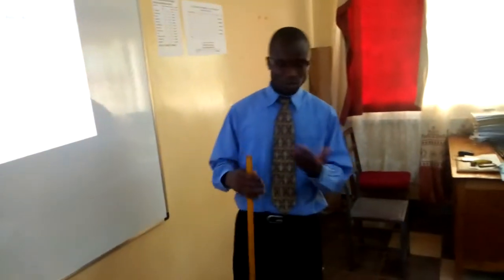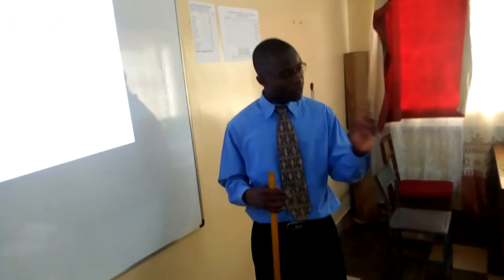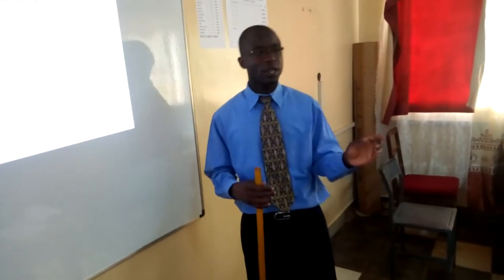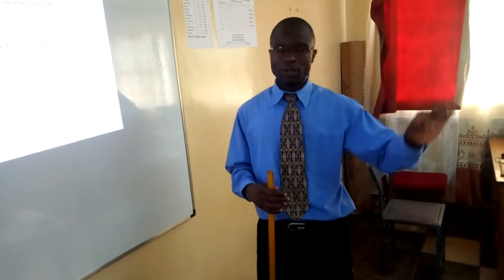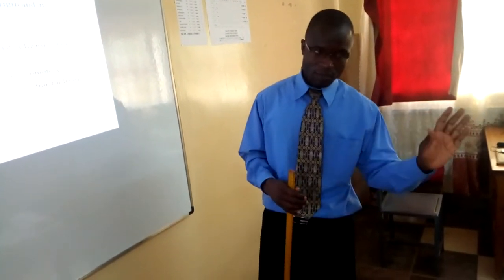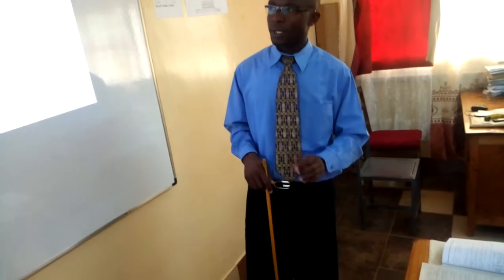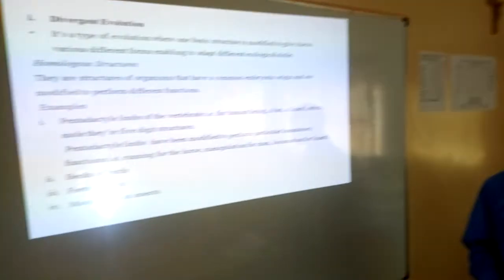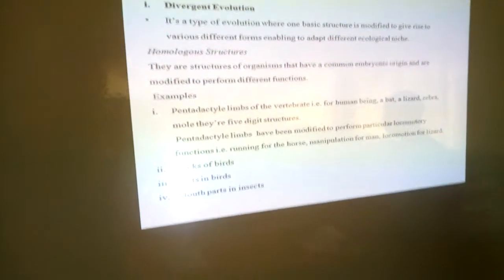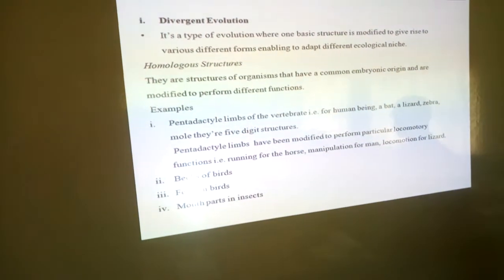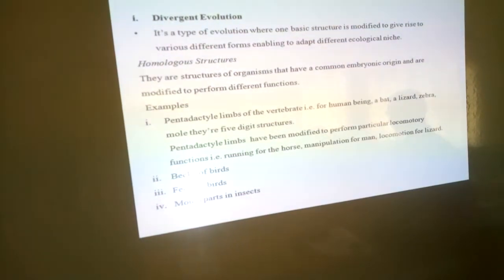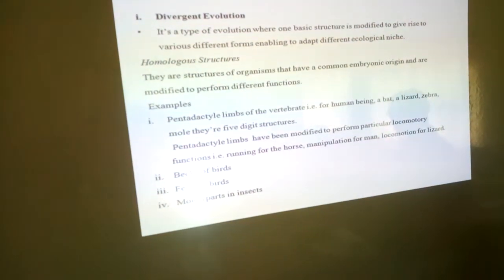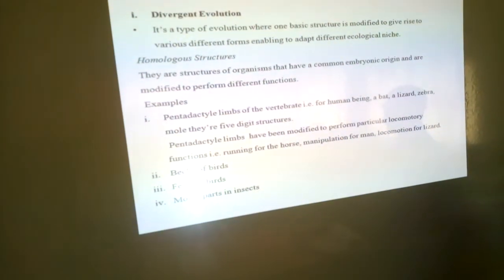One basic structure is modified to give rise to various different forms, enabling them to adapt to different ecological niches. That is as simple as that. Under divergent evolution, it gives us something called homologous structure, because we are comparing structures, and the structures found under divergent evolution are homologous structures.